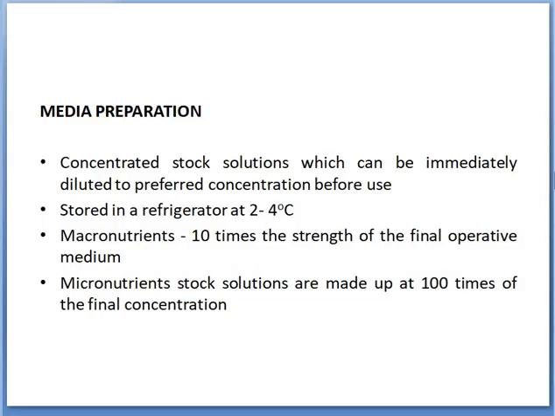The concentrations of inorganic and organic components of the media are generally expressed in milligrams per liter of the media or as parts per million, that is ppm. The International Association for Plant Physiology recommends the use of mole values to describe the concentration of different components in the plant tissue culture media.